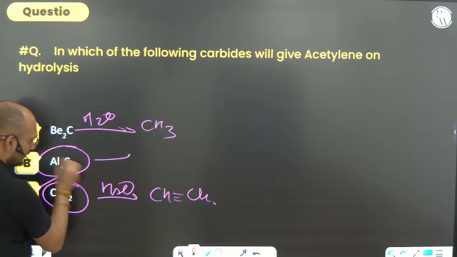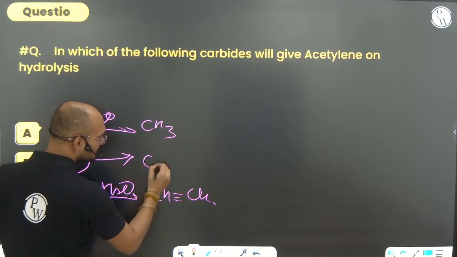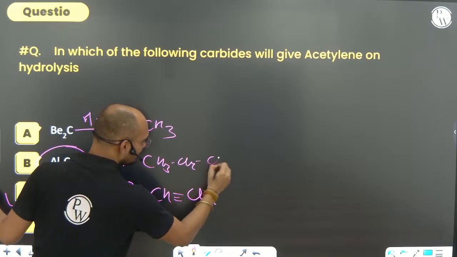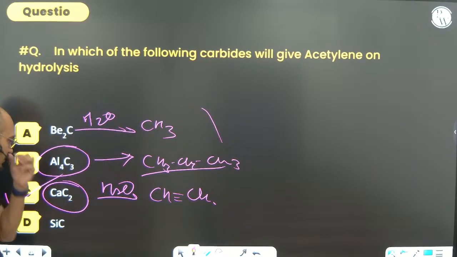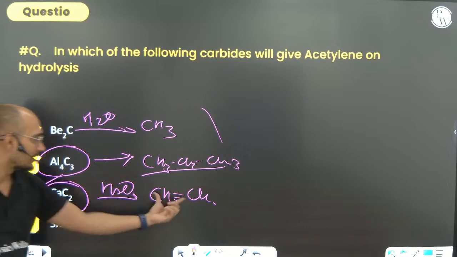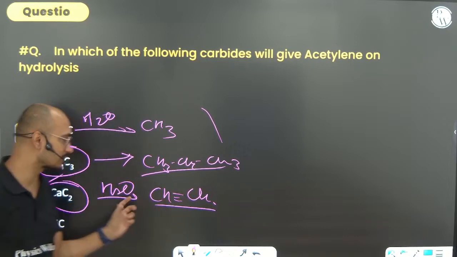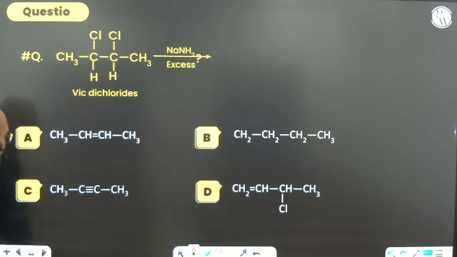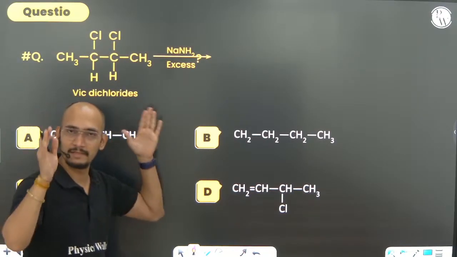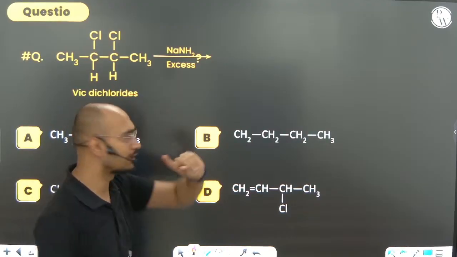Here how many carbons are there? 4, 3. So CH3CH2CH3, propane will be formed. So alkanes will be formed in Be2C and Al4C3. But if it's CaC2, calcium carbide will form this acetylene. Any difficulty? Next. These things you have to remember, please. If any doubt is there, go through NCERT.